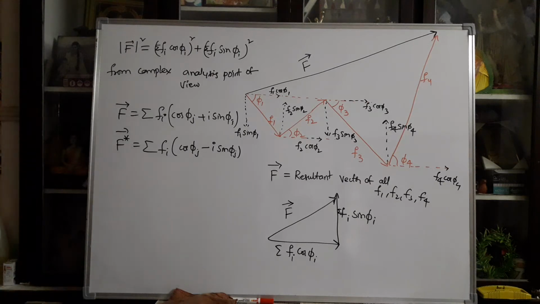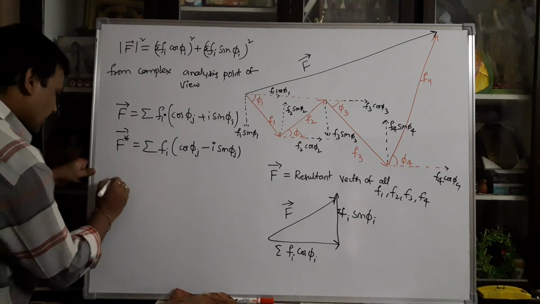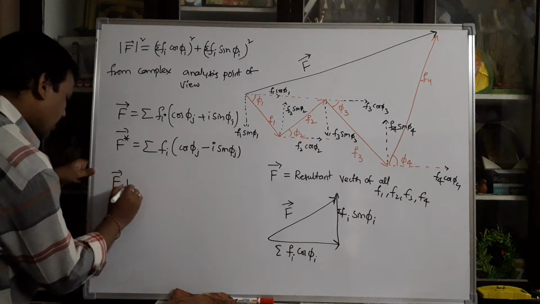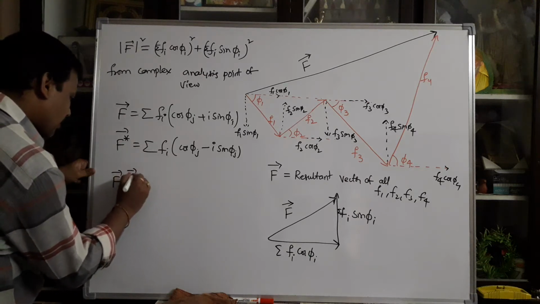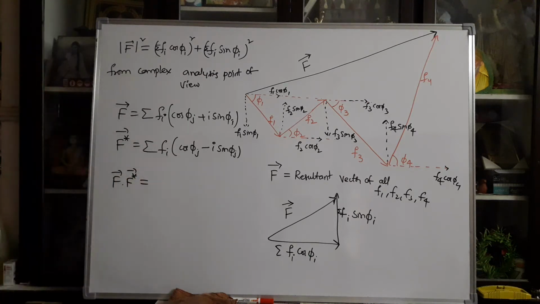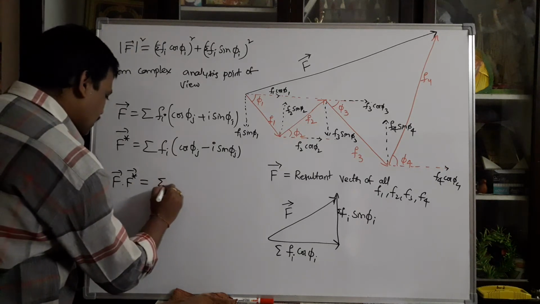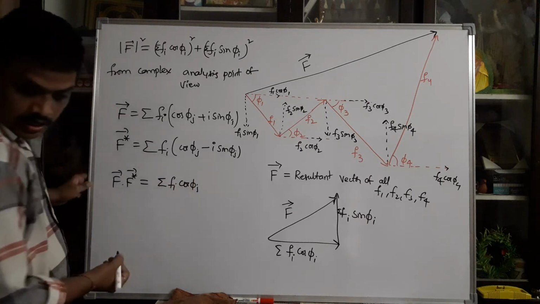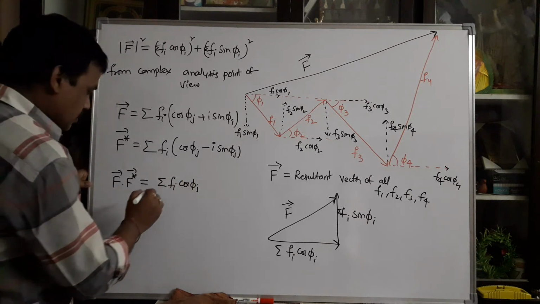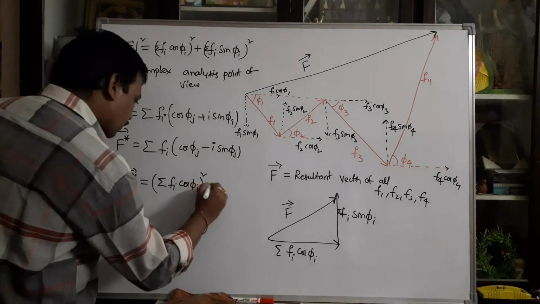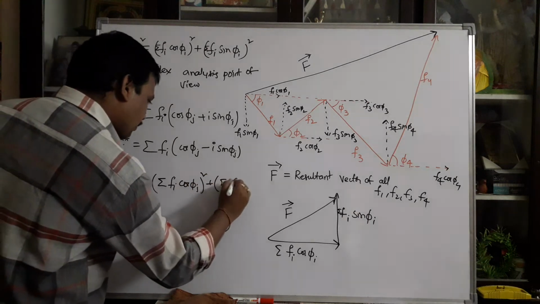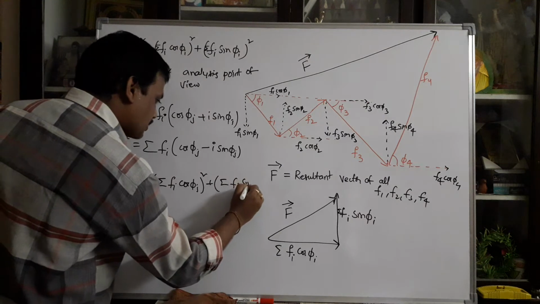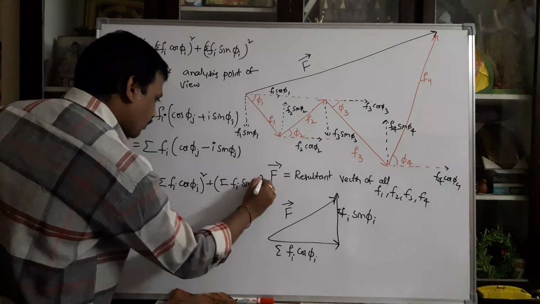For these two equations, you can represent their product, F bar dot F star bar, as sigma fi cos phi j whole square plus sigma fi sin phi j whole square.